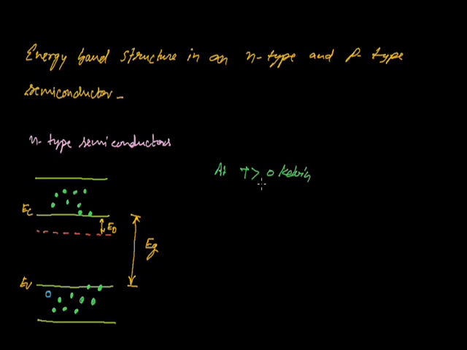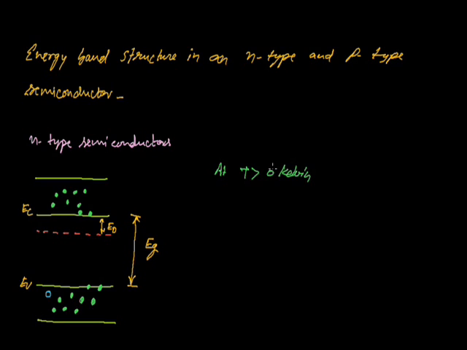The n-type semiconductor materials have donor atoms which can provide an additional number of free electrons, and also the pure semiconducting material which can provide an equal number of holes and electrons.